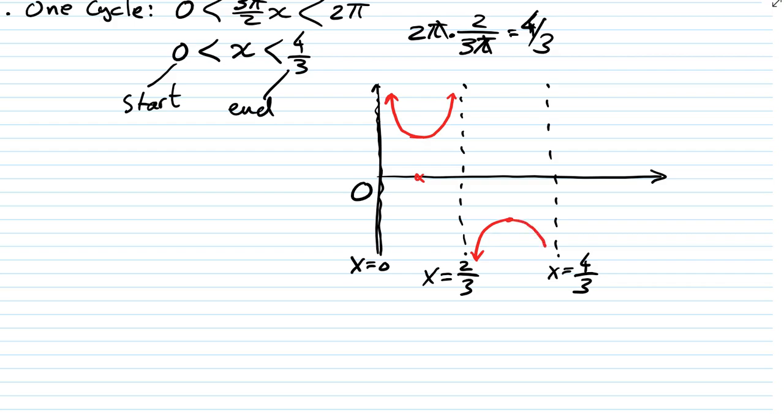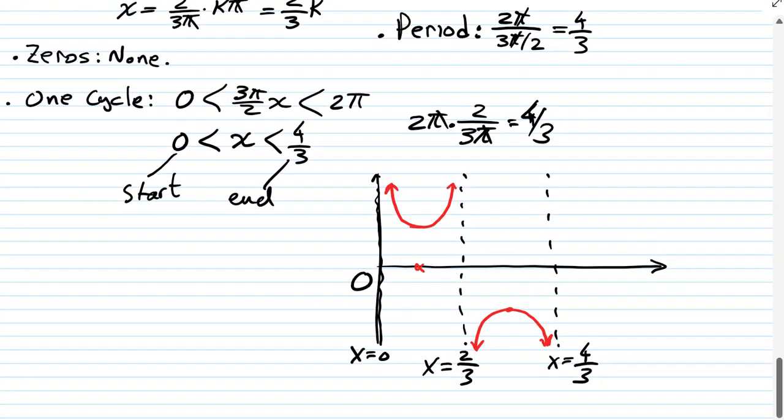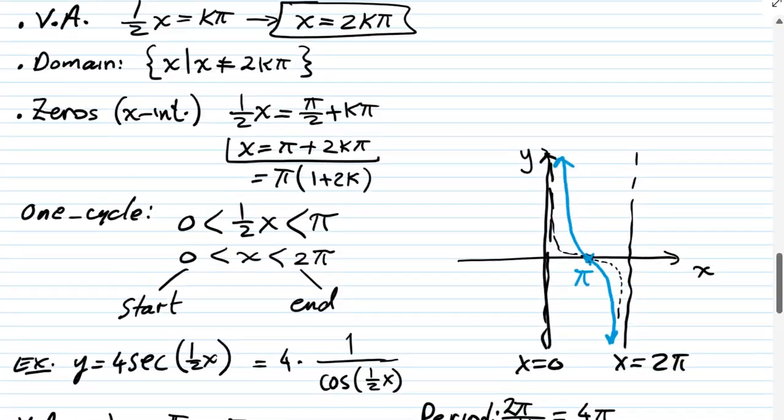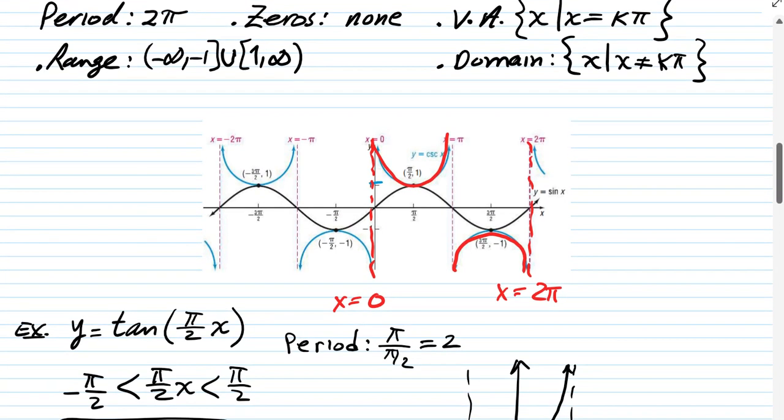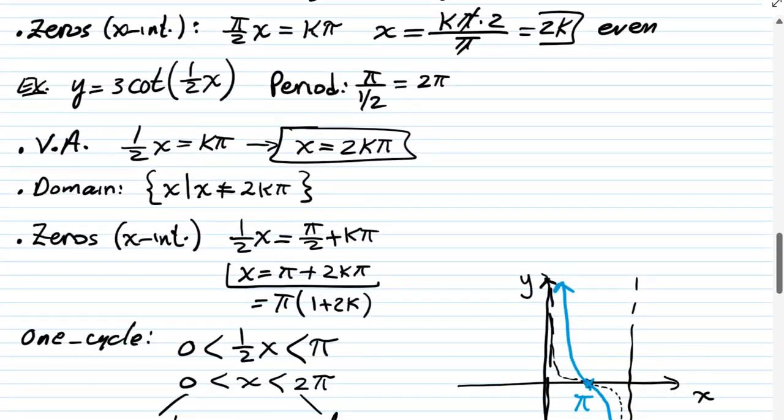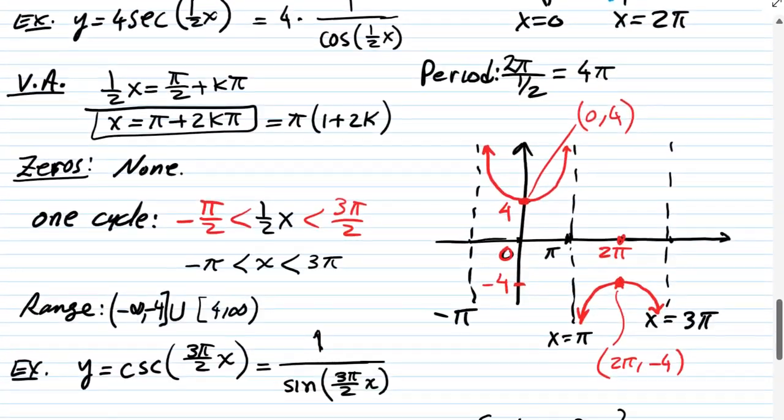And we get the other part of this cosecant function. You can go back to the graph of cosecant. It looks just like the graph of cosecant. You see that? It opens up, then down. And that's what we have.